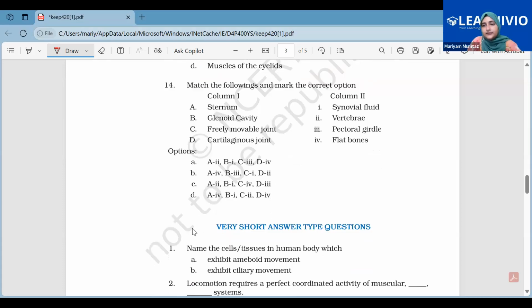Which one is the correct one? Which one? Which one is the right answer, Aisha?